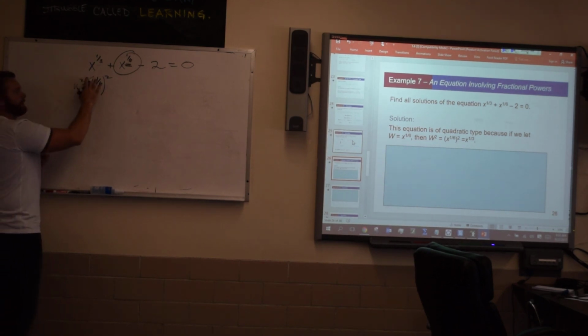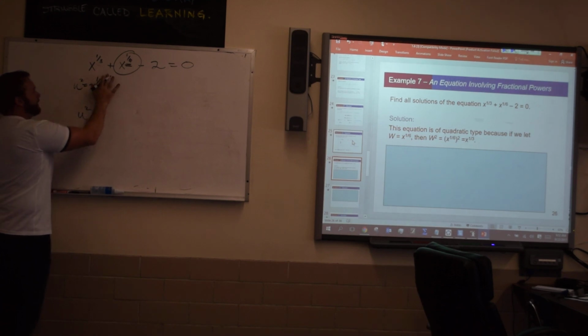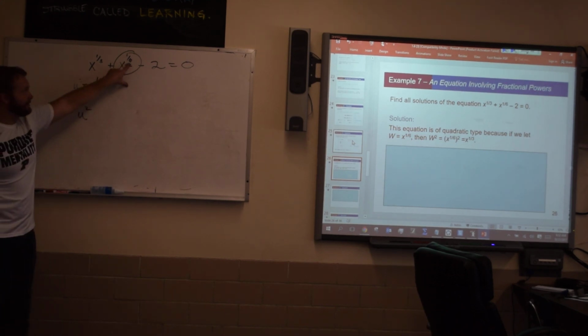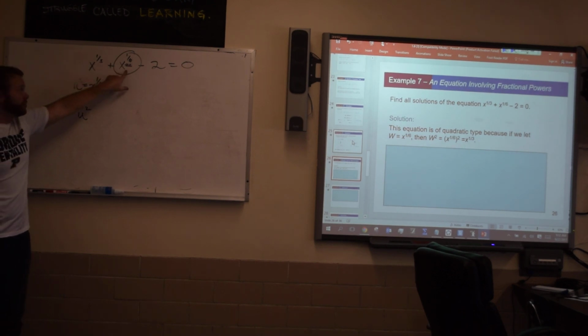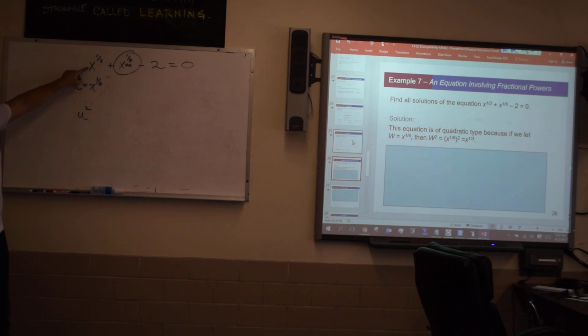If you recognize that you have that exponent being half of that one, you can always let u be that variable and that exponent, and then your first term will always be u squared. Does that make sense? It's kind of just a pattern every time you come across these.